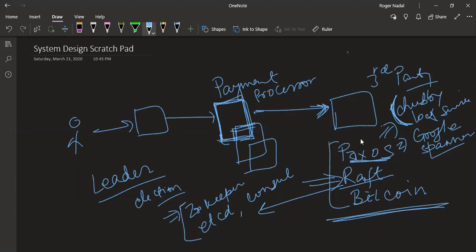Typically you will have different data centers with different leaders, because if one leader dies, you still have another leader who is actually performing. Then you have to sync up and make sure that data gets replicated, that they have a consensus. So yeah, you can look into it maybe later.